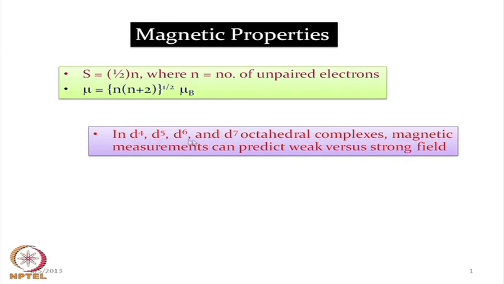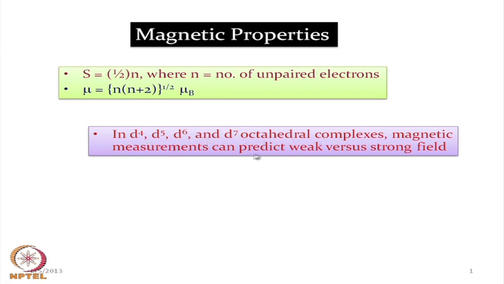For d4, d5, d6 and d7, we have so far been able to calculate the crystal field stabilization energies, because depending upon the number of electrons in the t2g and eg levels, the CFSE values differ. We have seen this also when we applied CFSE values to ionic radii, hydration energy, spinel structure and many other cases.